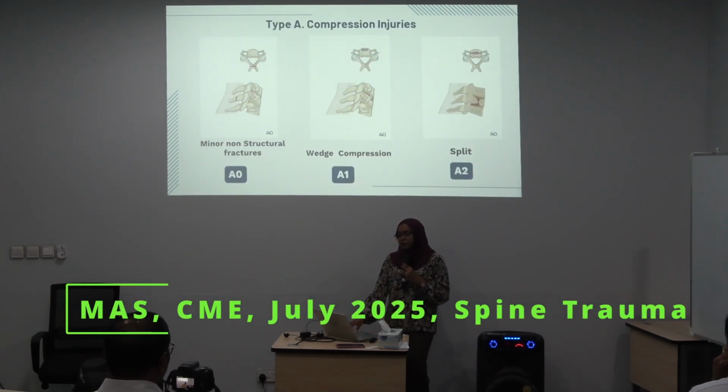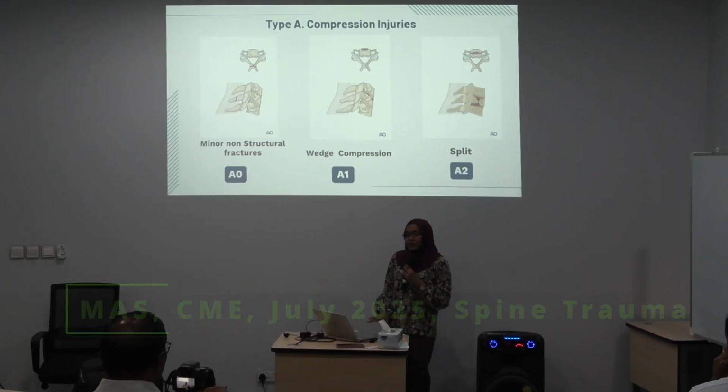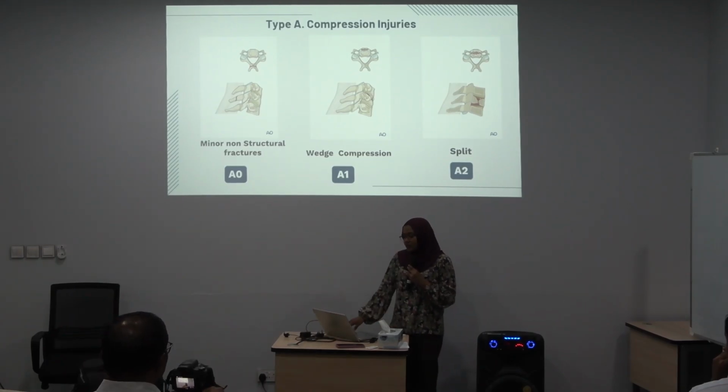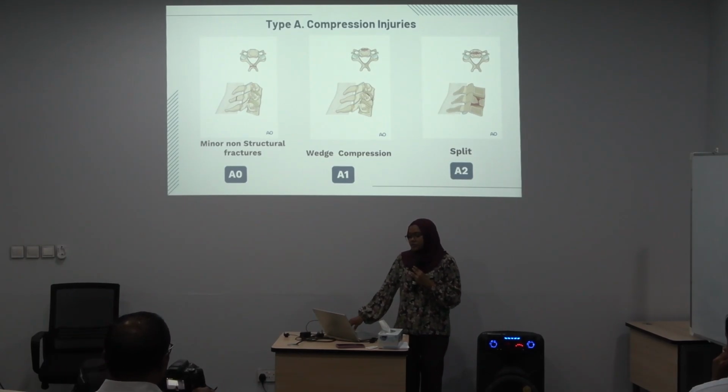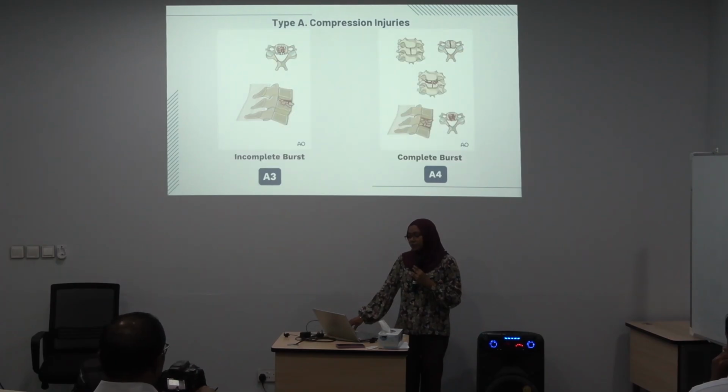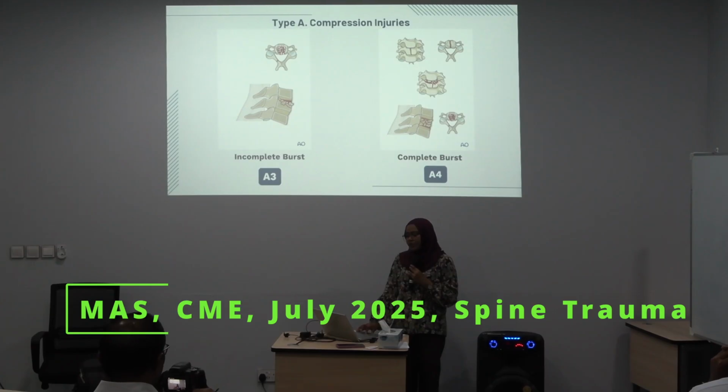Starting with type A injury, where there will be only bony involvement, it goes from minor non-structural fractures to complete burst where there is involvement of both end plates.